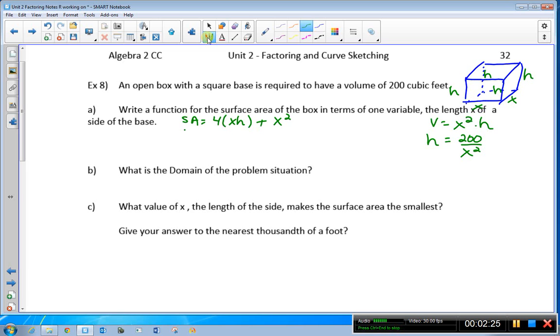So then for my surface area, I'm going to replace h with 200 over x squared. For that, you can just put that in the calculator, or you could simplify it to 800 over x plus x squared. So that's what I'm going to put into y1.